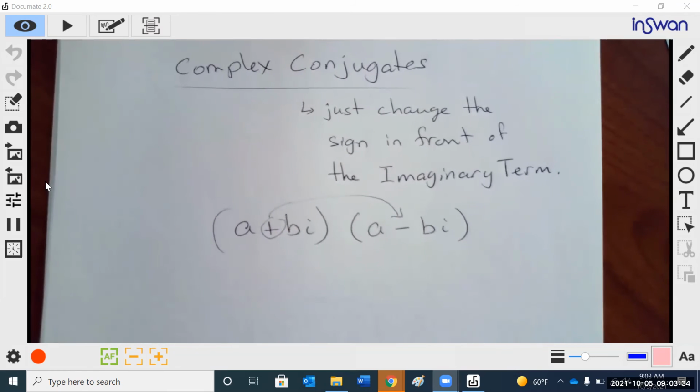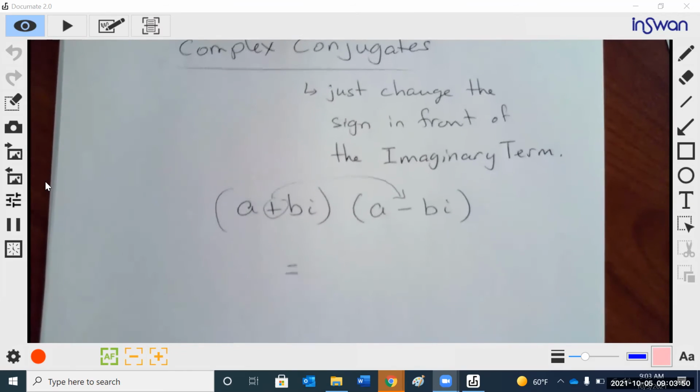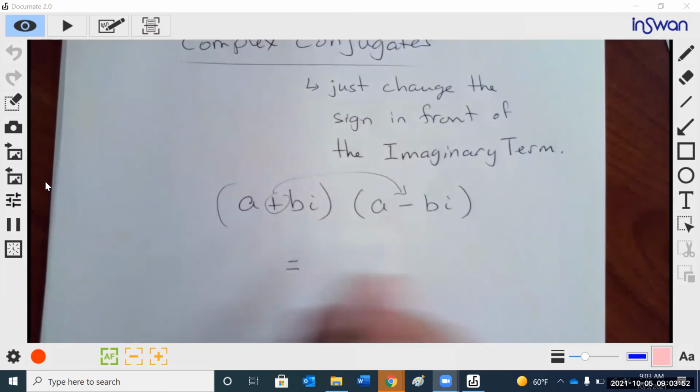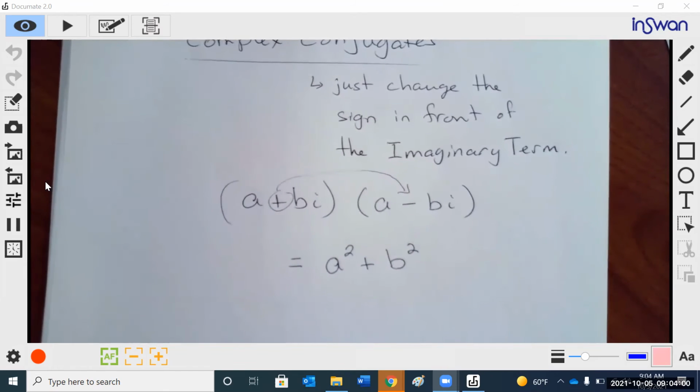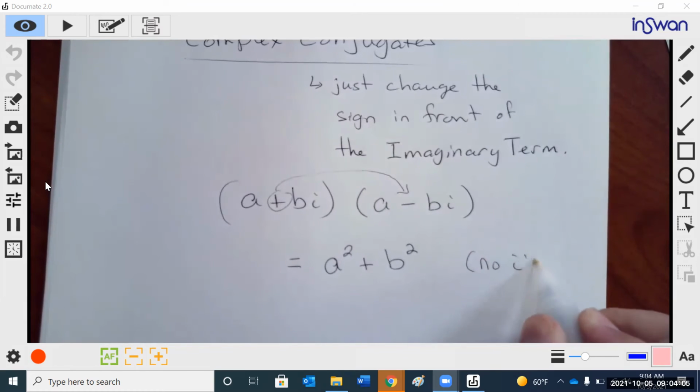Everything else is the same. And if you ever see that, like you figured out earlier, when you have complex conjugates multiply to each other, all the answer is going to be is square the a plus square the b. No i's. All the i's are gone. Complex conjugates get rid of the imaginary term.